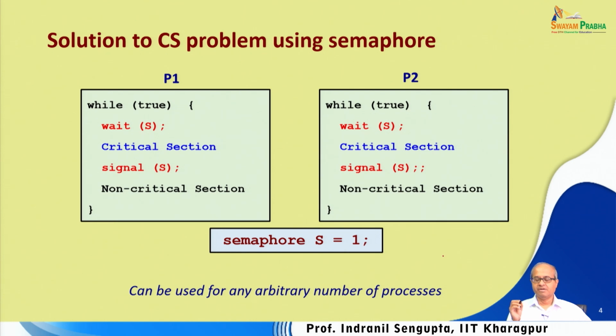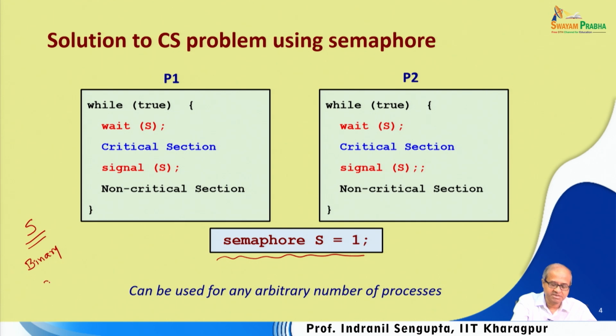Here, the assumption we are making is that the semaphore S, which you are declaring with an initial value of 1, is a binary valued variable, a boolean.